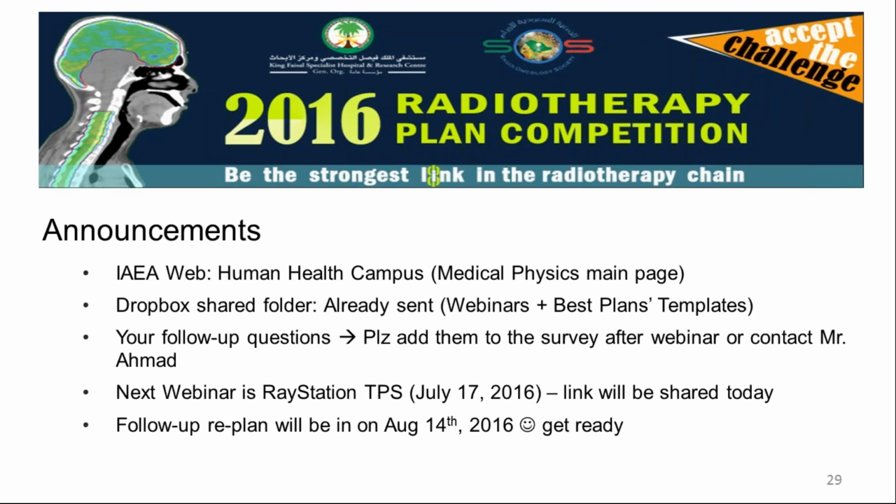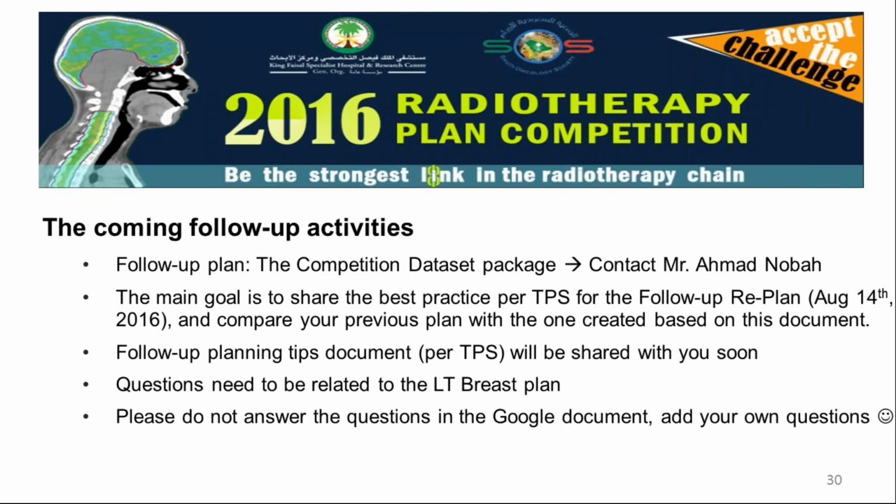The follow-up replan will be on August 14th, 2016. So after close to a month from now, there will be a follow-up replan. The competition dataset package, in case you would like to have it from now, you can email me and I will add you to our mailing list, and you can download it.